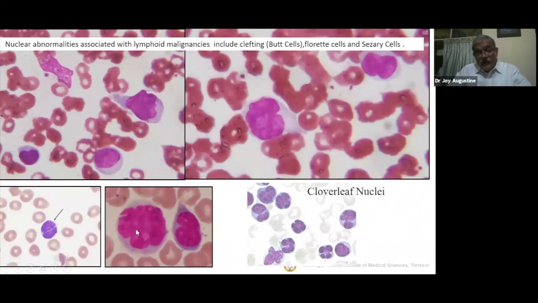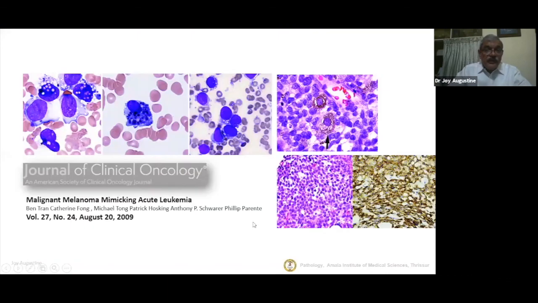Now these are abnormal looking flower-shaped cells and clover leaf cells, which are characteristically seen in one specific type of leukemia lymphoma that is known as the adult T cell lymphoma leukemia, which is HTLV-1 related. Then you finally have a very rare one. These pictures are taken from the internet, actually the Journal of Oncology: melanoma mimicking acute leukemia.